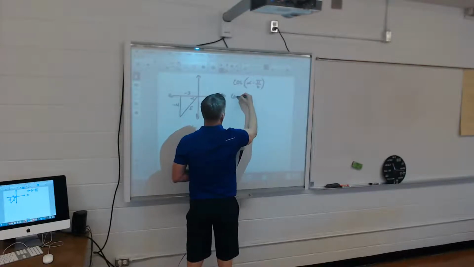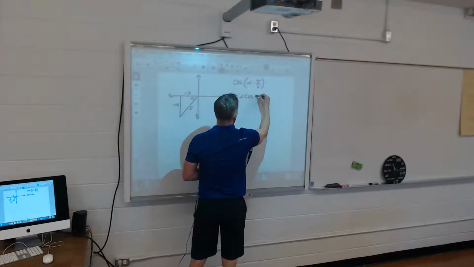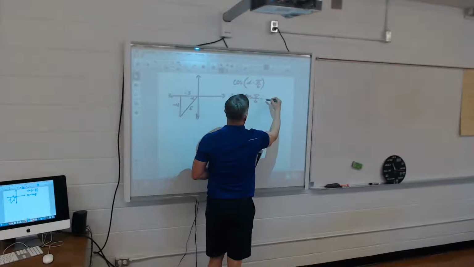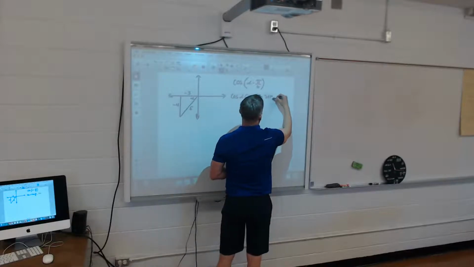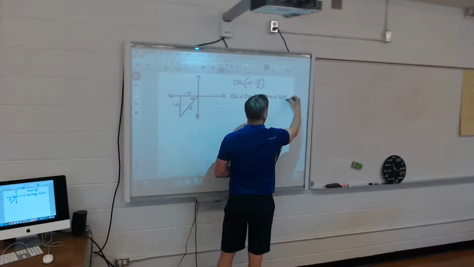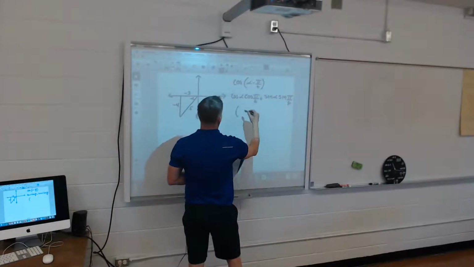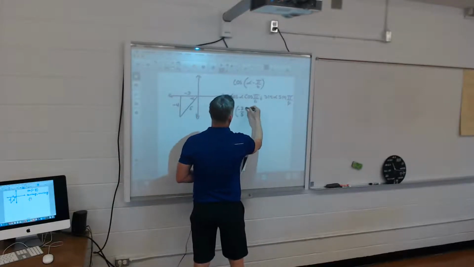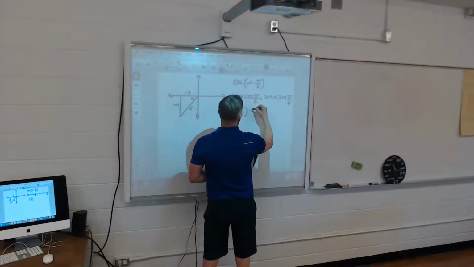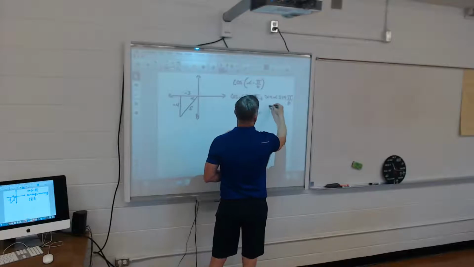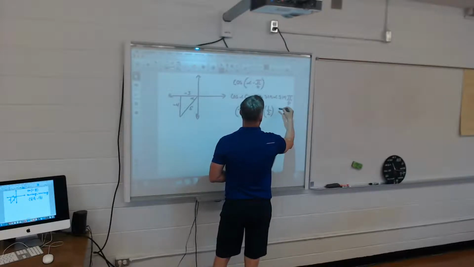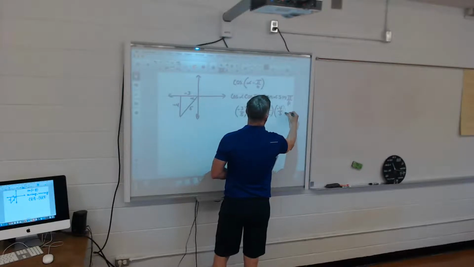So that's cos alpha cos pi over 6 plus sine alpha sine pi over 6. So negative 3 over 5 times root 3 over 2, plus a half times negative 4 over 5.